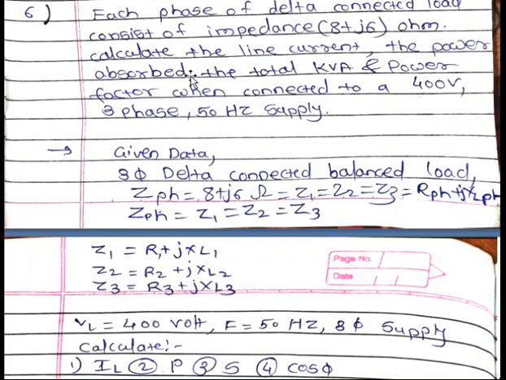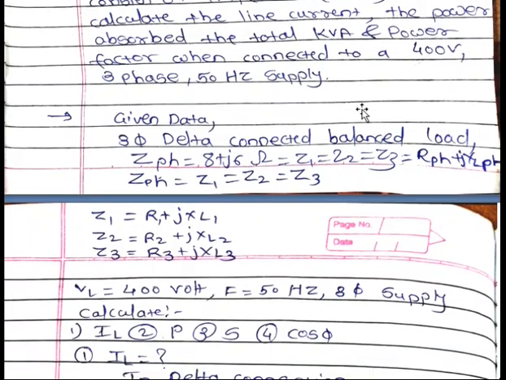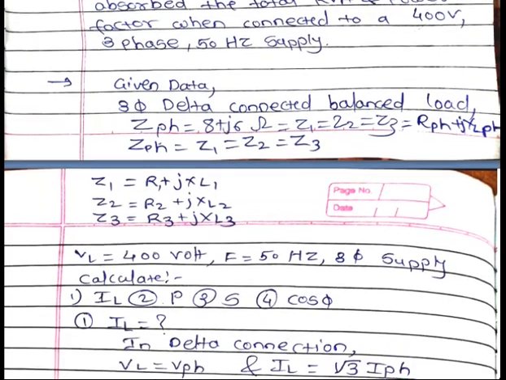The power absorbed P is calculated and the apparent power is also calculated. Now, the calculation asks for line current, the power absorbed that is P, total kVA that is apparent power S, and the power factor of the given circuit that is cos phi.